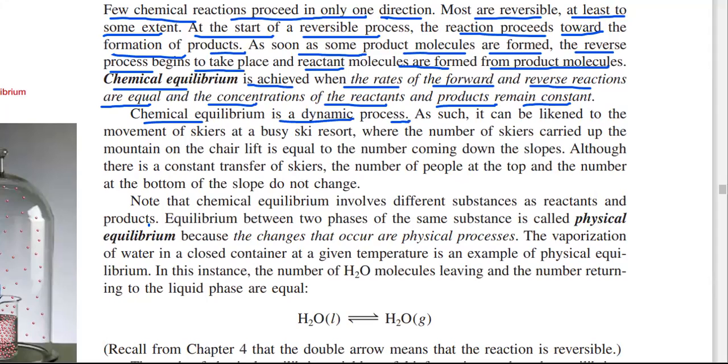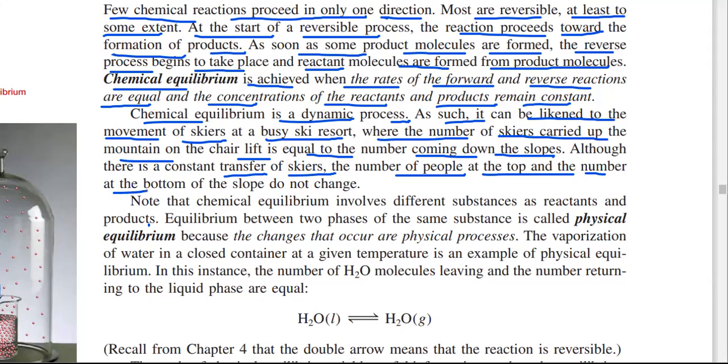As such, it can be likened to the movement of skiers at a busy ski resort, where the number of skiers carried up the mountain on the chairlift is equal to the number coming down the slopes. Although there is a constant transfer of skiers, the number of people at the top and the number at the bottom of the slope do not change.